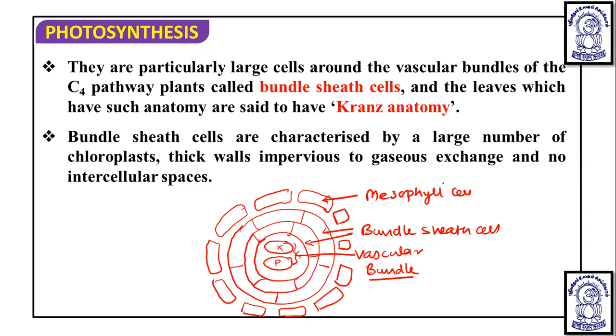So this concentric arrangement of bundle sheath cells around the vascular bundle is known as Kranz anatomy.